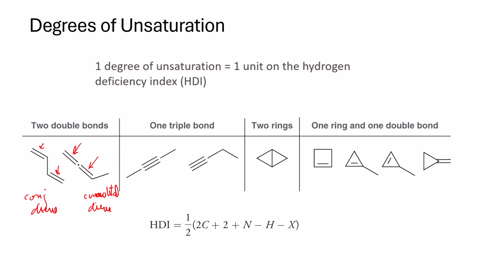Each double bond counts for 1. Each of the pi bonds counts for 1. Here you have 1 sigma and 2 pi bonds, so each of the pi bonds is 1 unsaturation. So this is 2 unsaturations, and this is also 2. The difference is that on the left you have an internal alkyne, and the one on the right is a terminal alkyne. These can be distinguished in IR because this one gives a signal at about 3200 cm⁻¹.